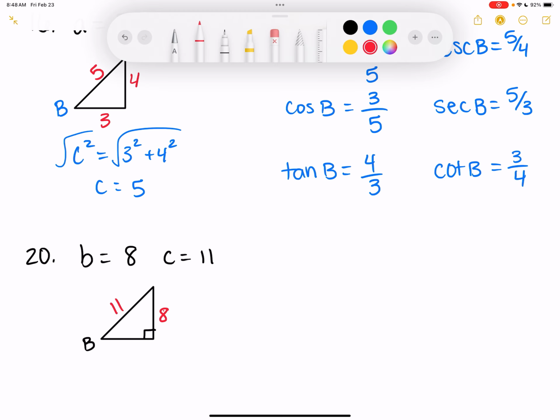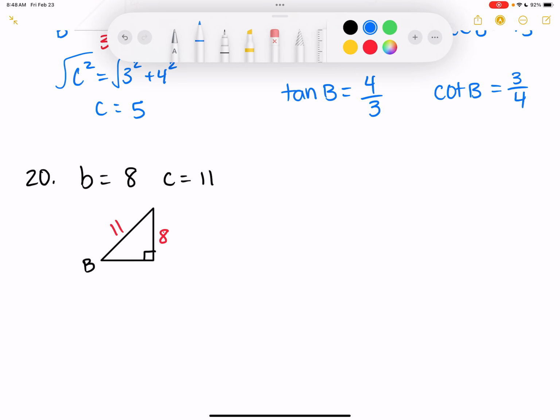Normally I have a squared plus b squared equals c squared, but I have side C and side B this time, so I'm going to move this over. So a squared is equal to c squared minus b squared. So a is going to be equal to the square root of 11 squared minus 8 squared.